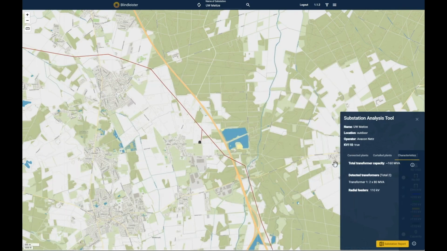We know we have here 2 transformers built, but we have to consider different factors. For example, the system operator will never use the full capacity. He's evaluating such a location by saying the transformer loading should be maximum 60 to 65% roughly, because he also needs to consider static power flows and n-1 criteria.